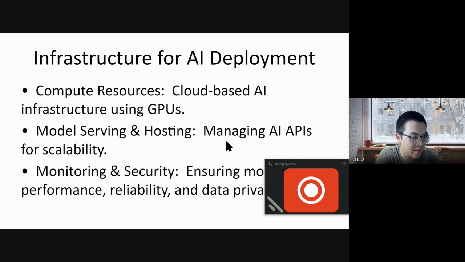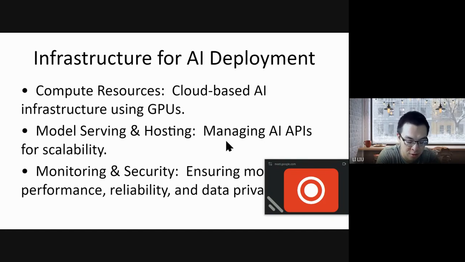Maybe once we fine-tune a model and deploy it on our own servers, the API price, say from ChatGPT or Gemini, might decrease a lot.